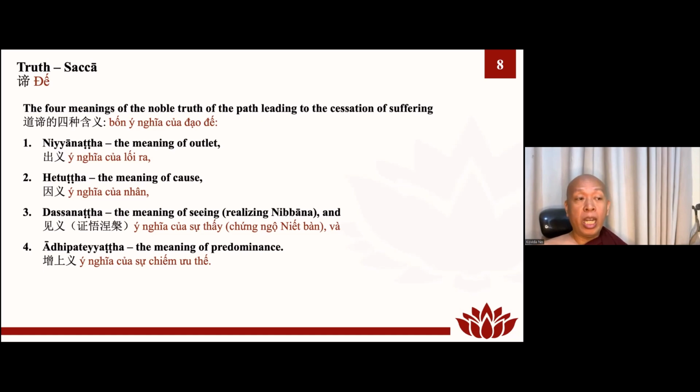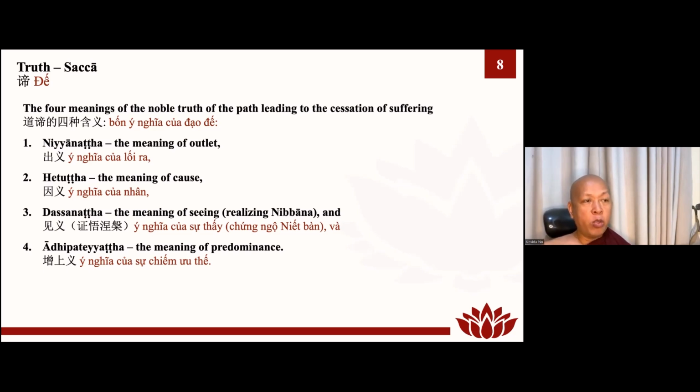We can also say it like that. Niyyanatta means release or freedom from. But here, it can be the reasons, the cause of releasing or escaping from suffering. That's why we call it Niyyanatta.